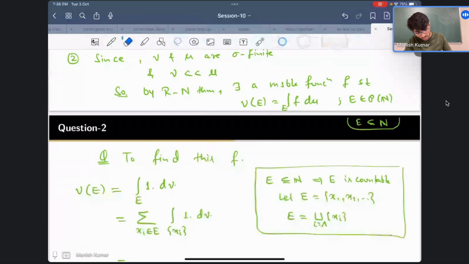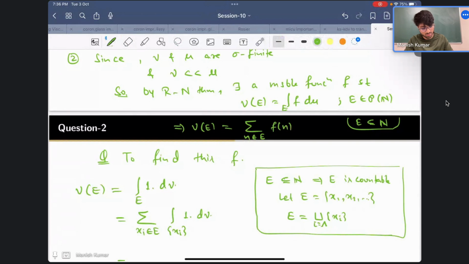So you can write this ν(E) as a summation, since this integration with the counting measure will be a summation. This E is a subset of natural numbers, so I am writing this as the sum over n belonging to E of f(n), right? This is the integration with respect to the counting measure, it is a summation.